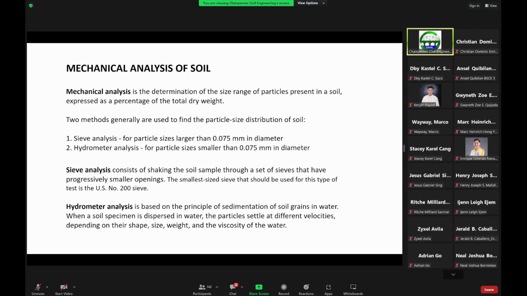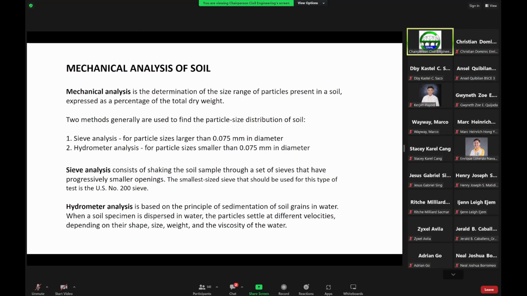So sieve analysis consists of shaking the soil sample through a set of sieves that have progressively smaller openings. The smallest size sieve that should be used for this type of test is the US number 200 sieve. You can probably see this later on in your geotechnical laboratory. Now, hydrometer analysis is based on the principle of sedimentation of soil grains in water.